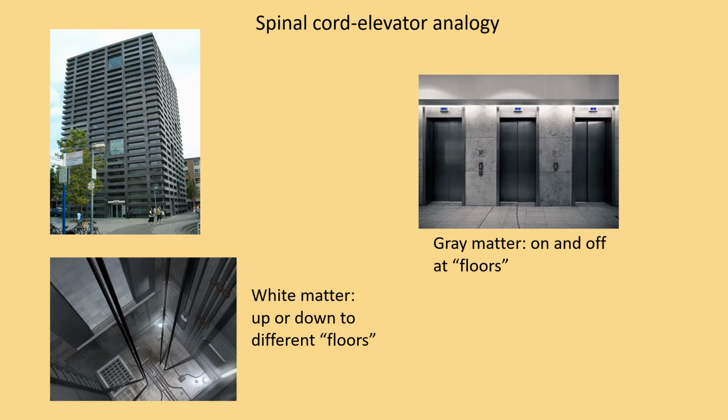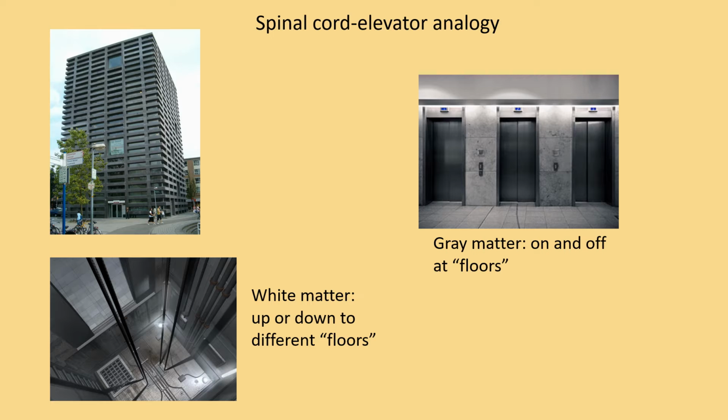A useful analogy for understanding how information travels through the spinal cord is to think about an elevator in a very tall building. This tall building has many floors, just like your spinal cord has many segments. You can ride the elevator to pass between segments of the spinal cord, or you can ride the elevator to get from one floor to another, from let's say floor 17 down to floor number 4.